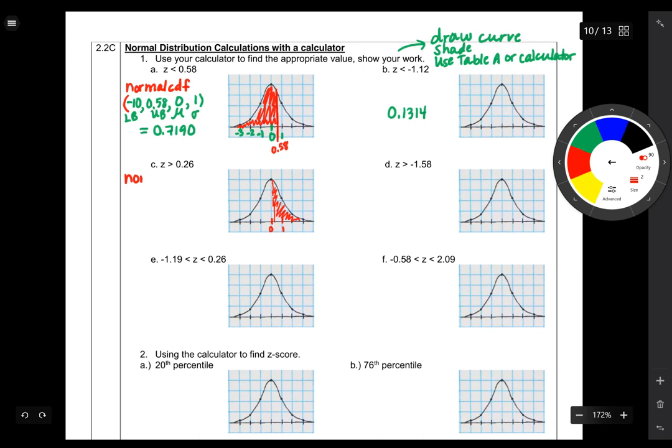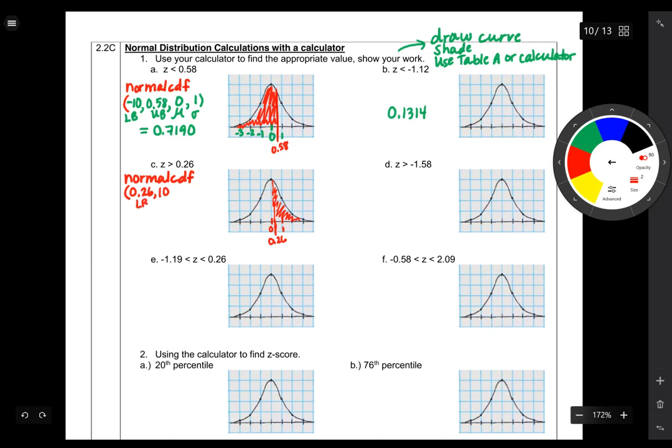So normal CDF. This time your lower bound, and again, I'm bad about not labeling these. And you don't have to, as long as you show your picture and your shading. You just need to know that that's your boundary line. So 0.26 is your leftmost line, so that would be your lower bound. Your upper bound, just pick 10, 100, whatever.